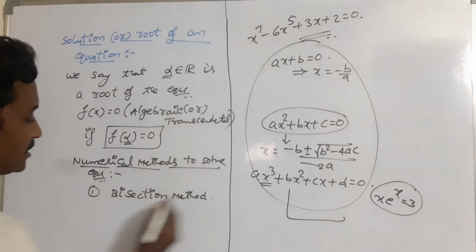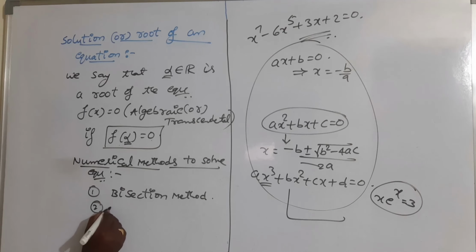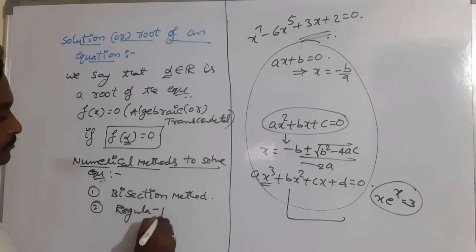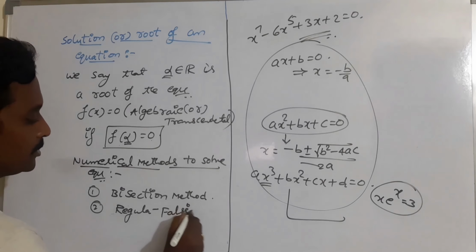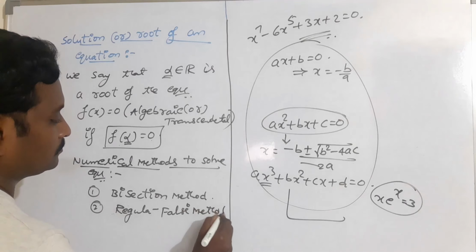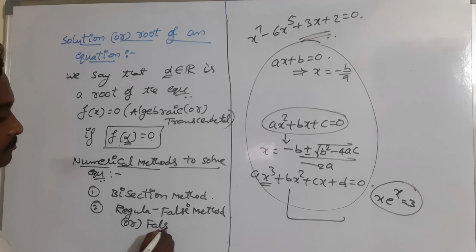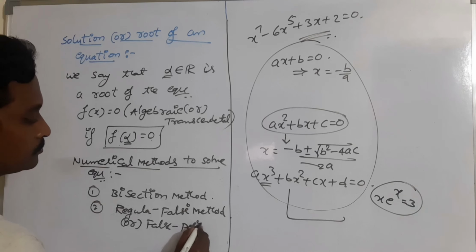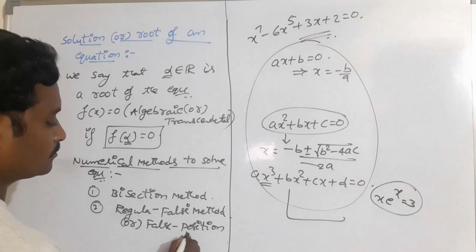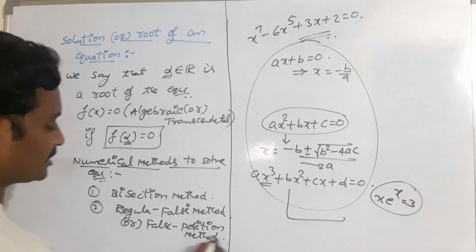The second one is the Regula-Falsi method, and we have another name for this method also, the false position method.